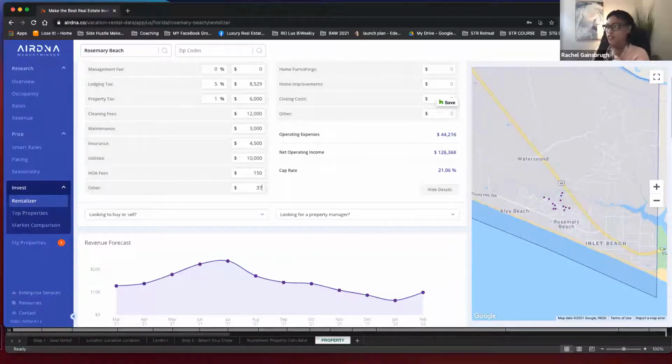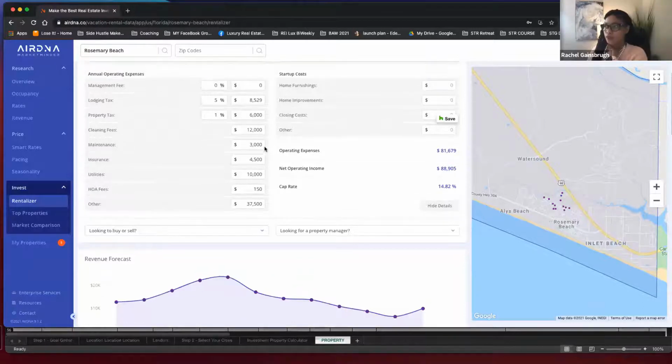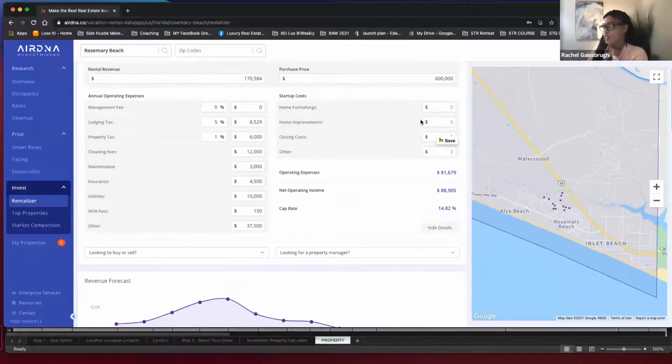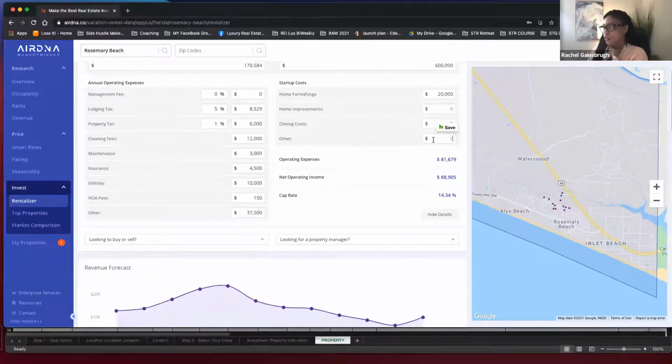And other is going to be, okay, like the mortgage. Okay, so this is annual. So I put in my annual operating expenses and I list them there. Home furnishings, thinking about 20K. Home improvement, closing costs, other, nothing at this point.